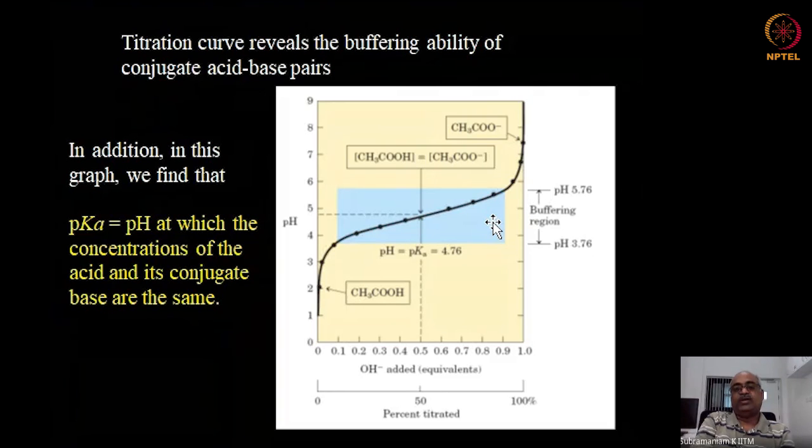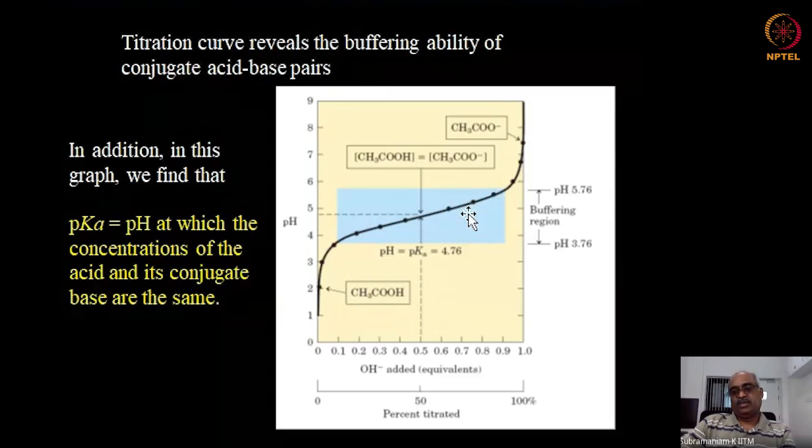If you add a lot of base, then it is going to dissociate and the pH is going to start to increase again. And similarly in the opposite direction, if you add acid, it's not going to resist continuously forever. Once you go beyond a certain level, the pH is going to start to drop.